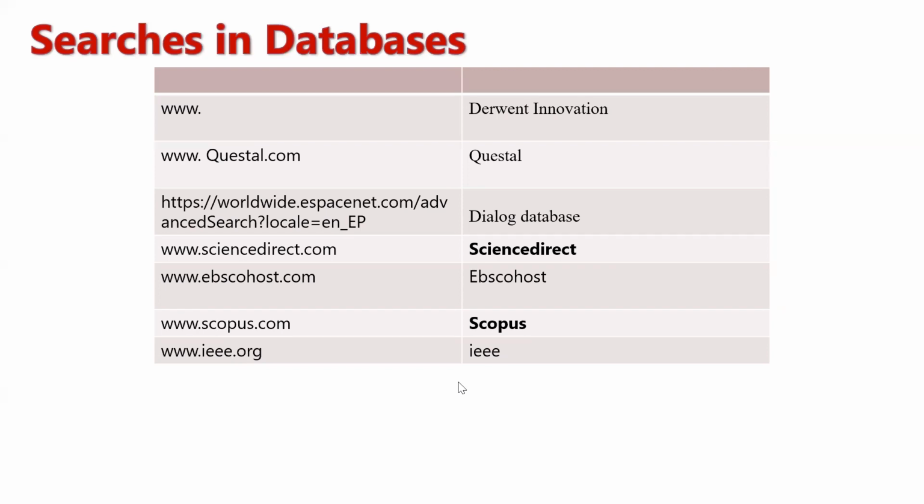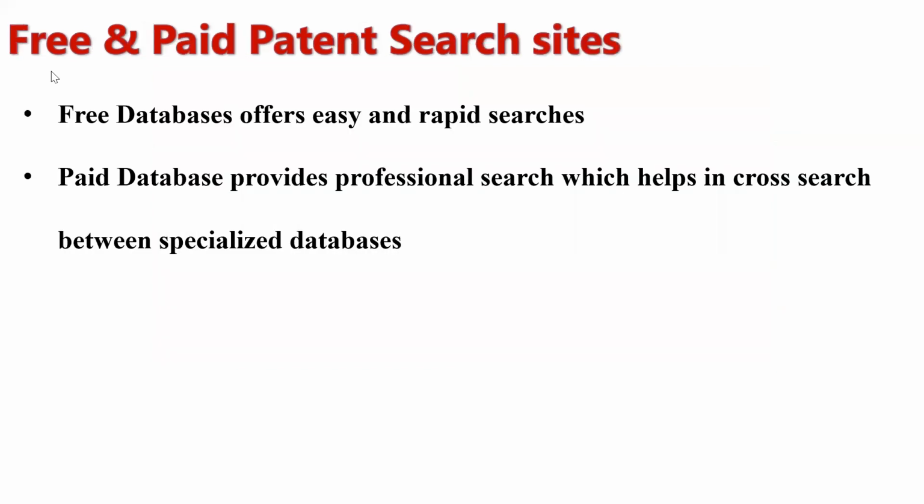There are also paid patent searches. The free database will help us search in the first instance, but once I am sure that my product is patentable and novel, then I have to go to the paid database.